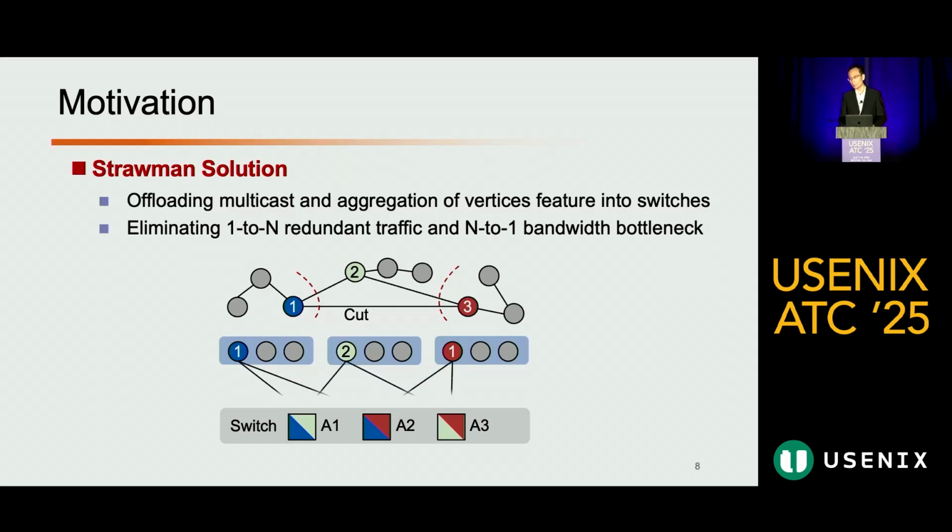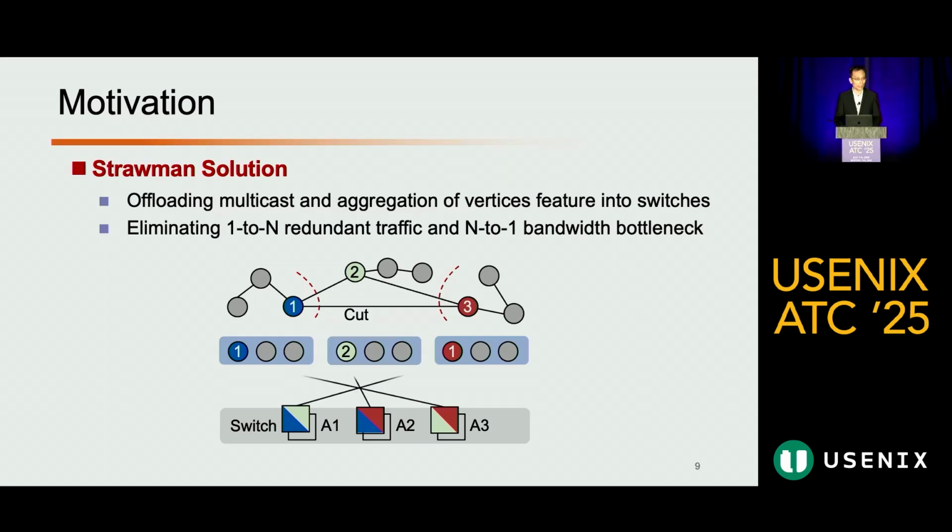So we start with a simple idea, a strawman solution. We cut the graph, and each worker sends their boundary vertex features to the switch. The switch then duplicates each feature to multiple aggregators, one for each neighbor. This aggregator collects the features and waits until all required data arrives before combining them using some neural network operations.